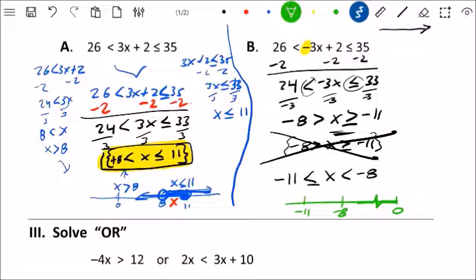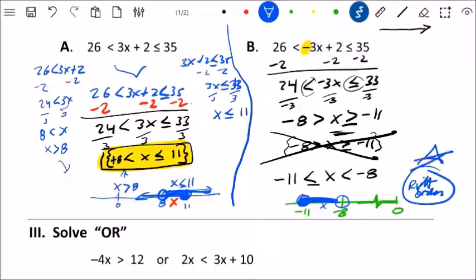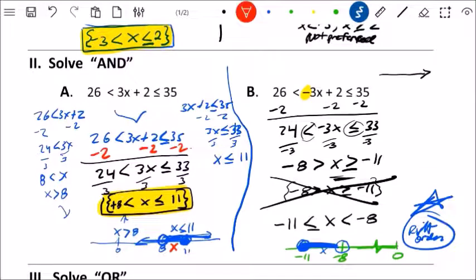But this shows that x is between these two: it's greater than negative 11 and less than negative 8. So x is any number in between those two, but it has to be in the right order. Remember that. Now these are and ones, and and ones have the overlap.